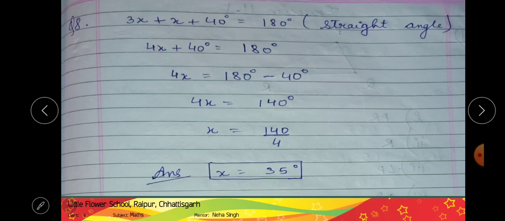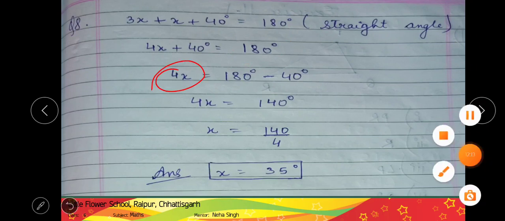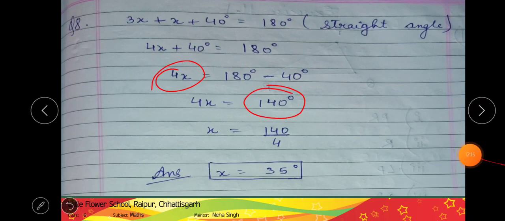Now we need to find the value of x in the given question. So what will it be? We'll keep the 4x on this side, so 4x is equal to 180 minus 40 degree, right? So when we subtract 40 from 180, we'll get 140. So 4x is equal to 140.